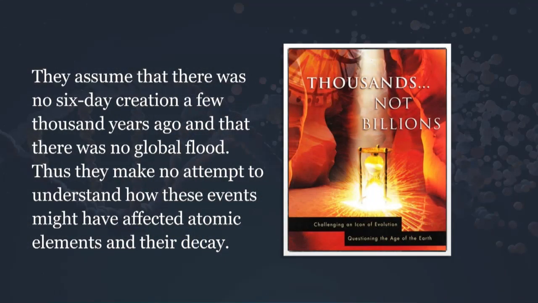But those who don't believe in God say, well, we'll rule him out. There's no one left to speak to us about what it was like all those years back. They assume that there was no 6-day creation a few thousand years ago and that there was no global flood. Thus, they make no attempt to understand how these events might have affected atomic elements and their decay.